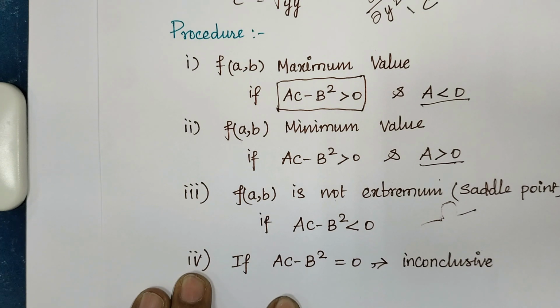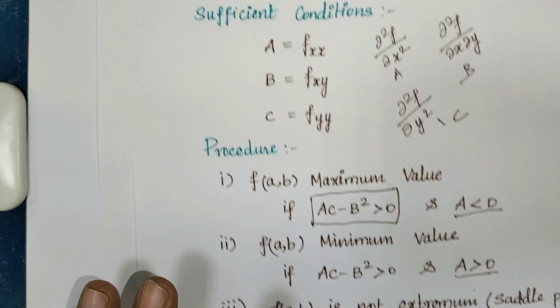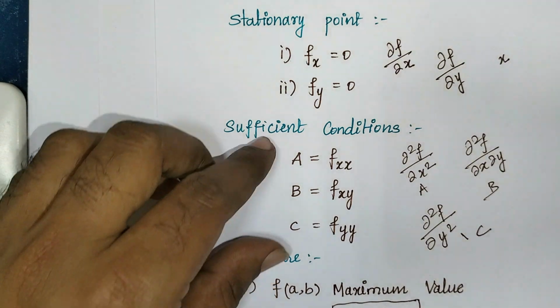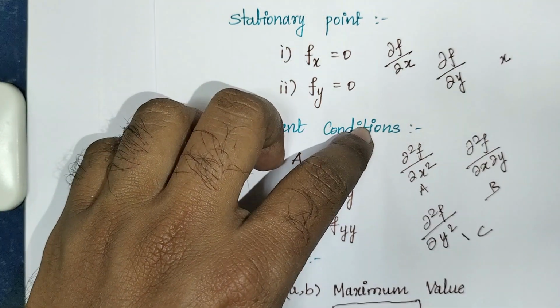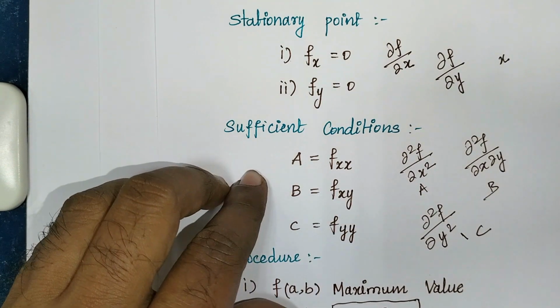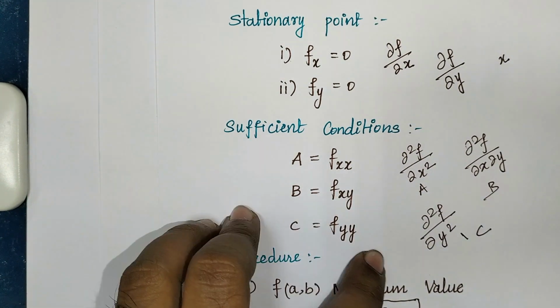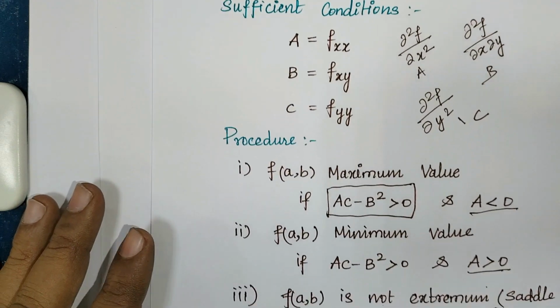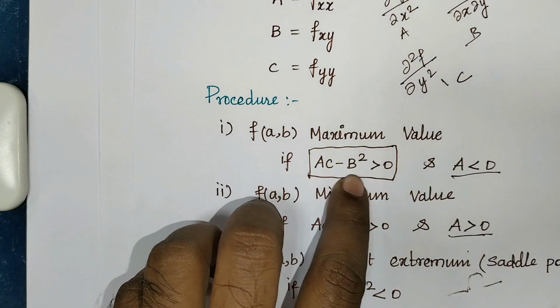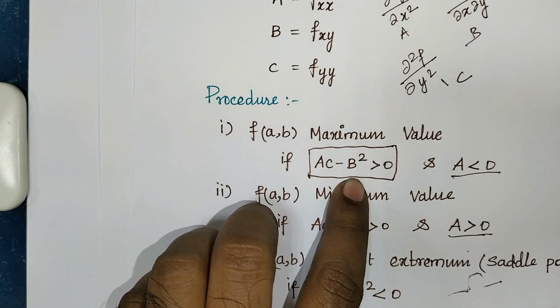If you want to attend the problem, first you should understand the stationary point and the sufficient condition. Stationary point means we equate the first derivatives to 0. For the sufficient condition, f double x we consider a, fxy we consider b, f double y we consider c. And the procedure: after finding a, b, c, we write ac minus b square.